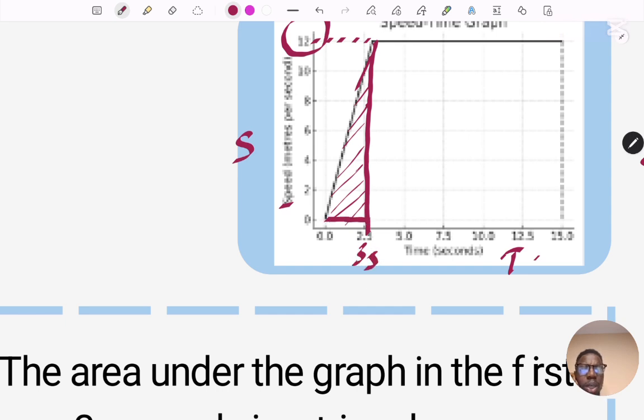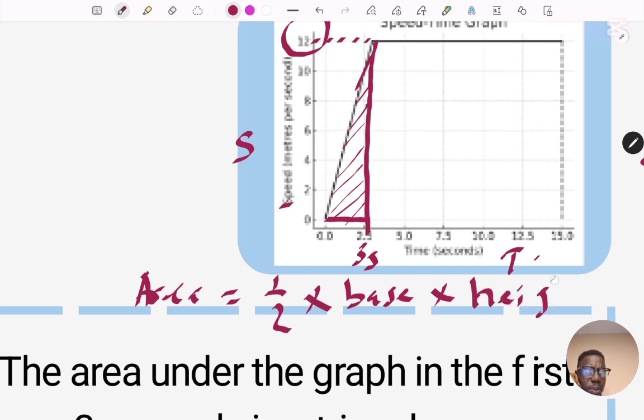is equivalent to the distance covered in the first 3 seconds. The area of a triangle is equal to 1/2 times the base times the height.